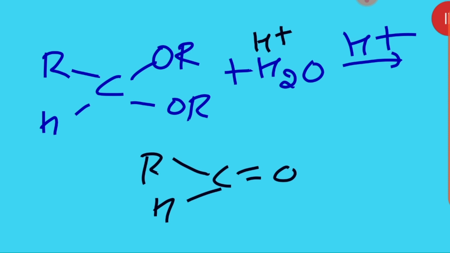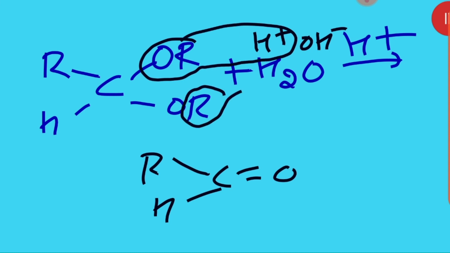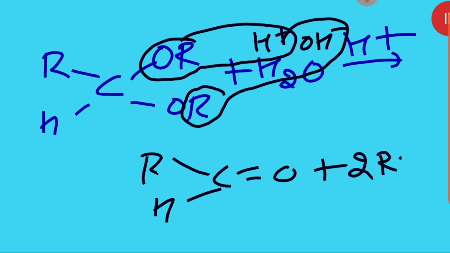H2O is H positive and OH negative, and then this is ROH and this is ROH. It means 2ROH will be the side product. Is that clear? Okay.